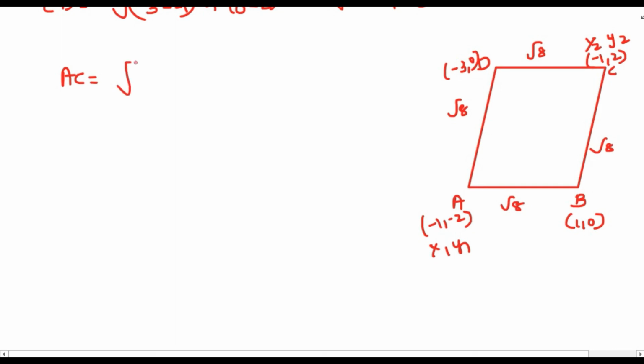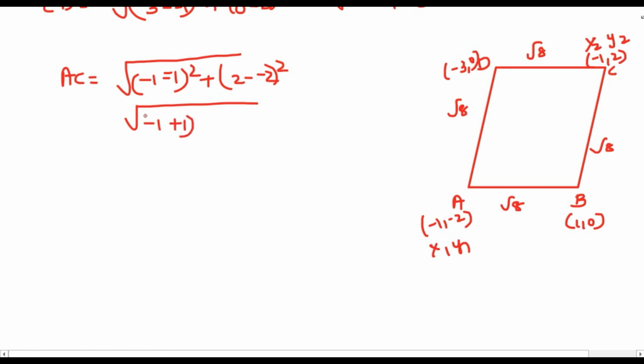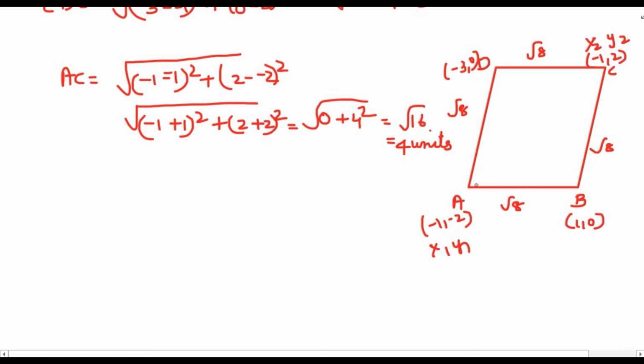So it is (minus 1 minus 1) the whole square plus (y2 minus y1), (2 minus 2) the whole square, which is equal to (minus 1 plus 1) the whole square plus (2 plus 2) the whole square, which is equal to 0 plus 4 square, square root of 16 is 4 units. So I can say AC is 4 units.